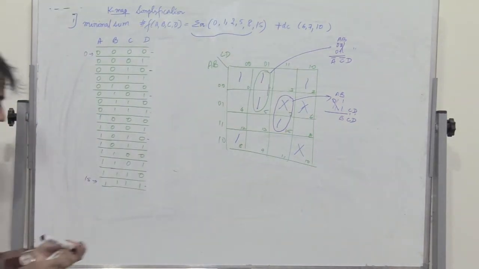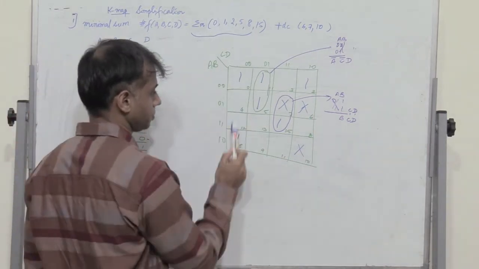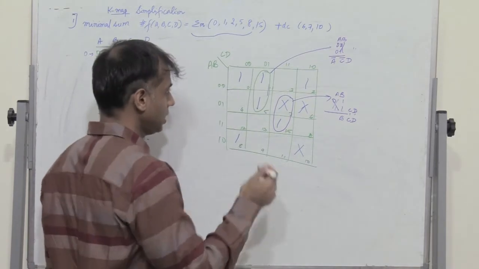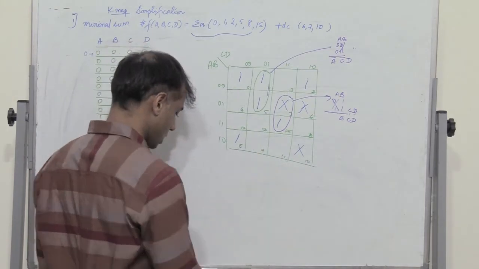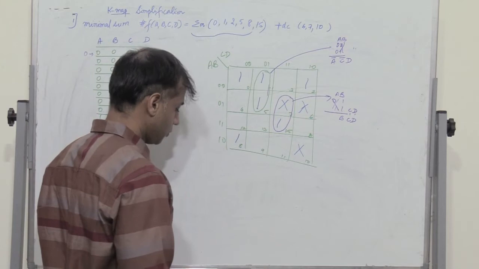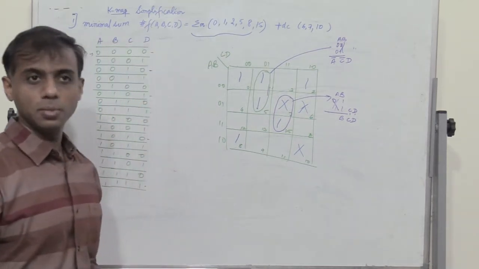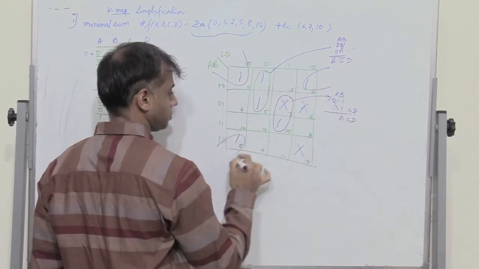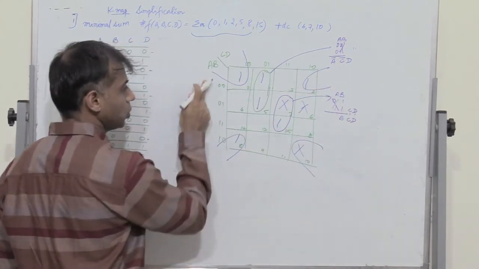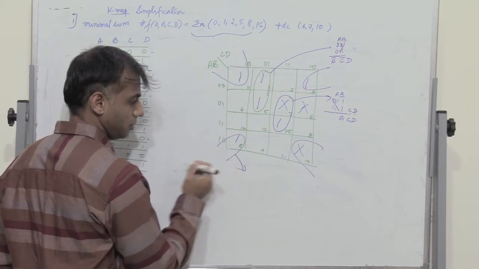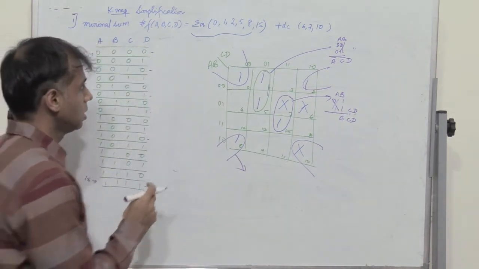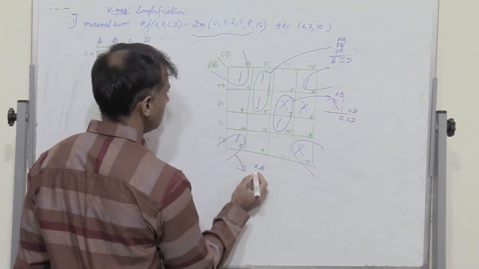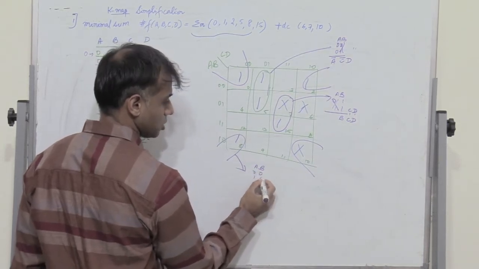Next I have these three ones which have to be combined. And I have a don't care element here. So definitely I can group these four ones which are along the four corners of the K-map. We had already seen that in the previous case. So I have row 1 and row 4. AB, row 1 is 0, 0, row 4 is 1, 0.